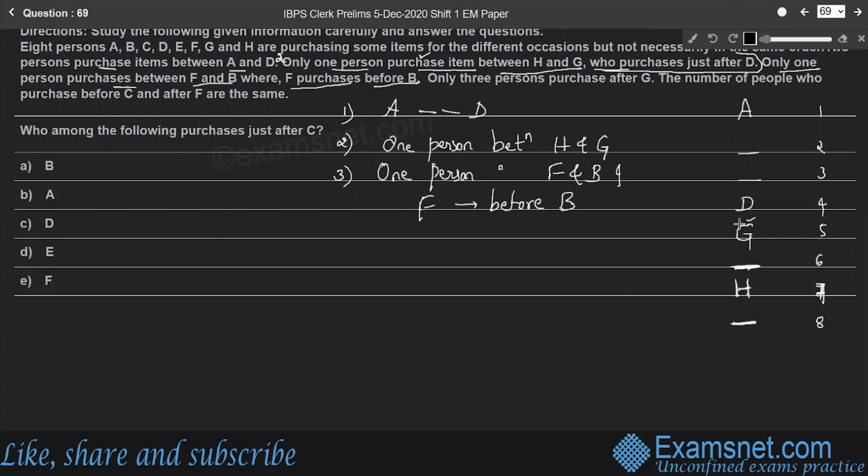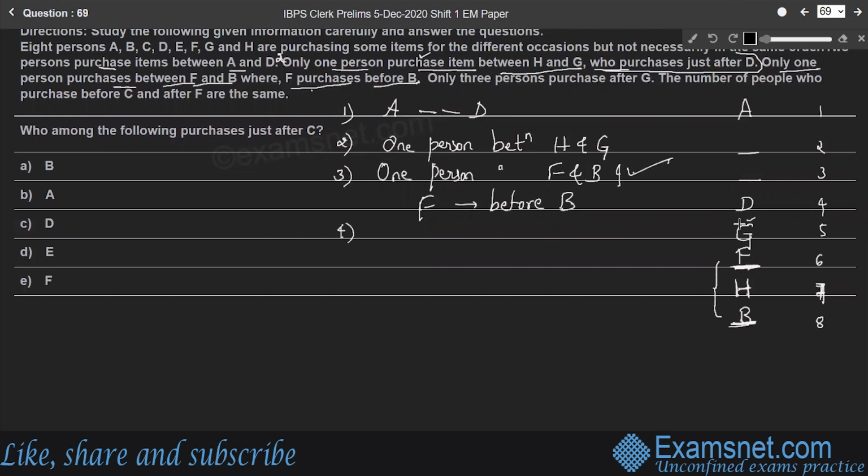Right. The 8th position. So here one person purchases between F and B, and F purchases before B. So position of F has to be here, and before B, F purchases, and one person in between F and B. So third condition is satisfied, right?